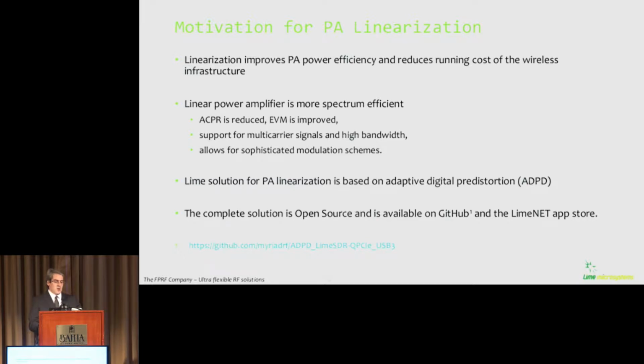By linearizing power amplifiers, we can significantly improve those characteristics. So ACPR is reduced, EVM is improved, and therefore we can support multi-carrier signals, high bandwidths, and sophisticated modulation channels. So I'm here to present Lime's solution for PA linearization, which is based on adaptive digital predistortion.